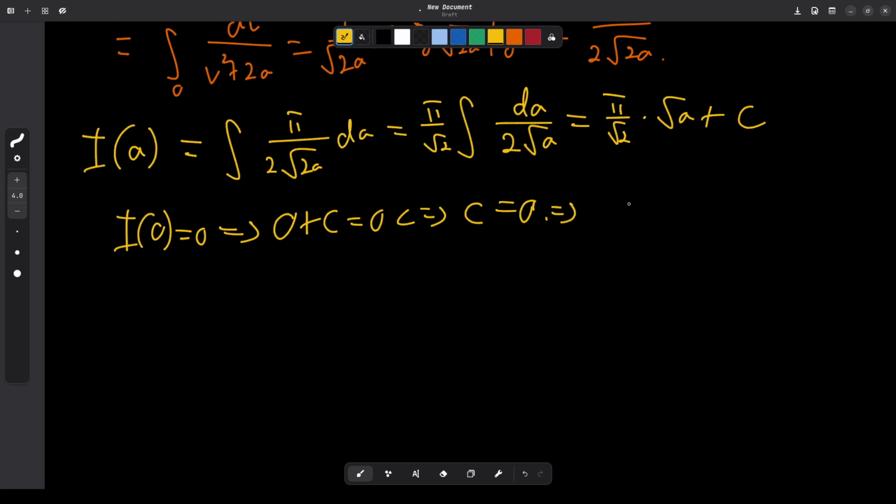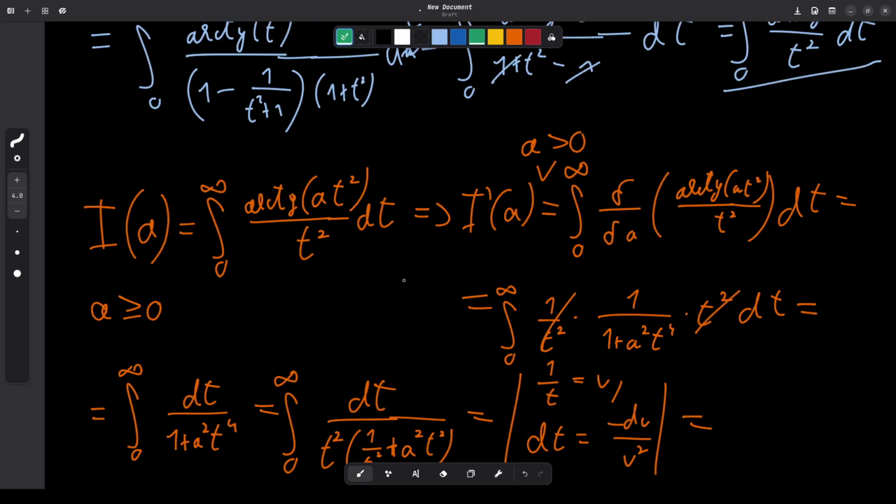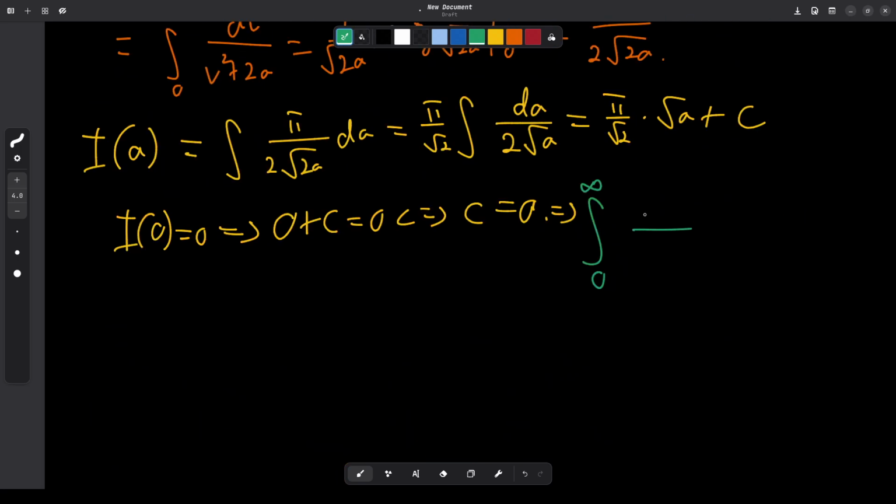So now we know that I of a, which is the integral going from 0 to infinity of the inverse tangent of a times t squared over t squared dt, equals pi over square root of 2 times square root of a.